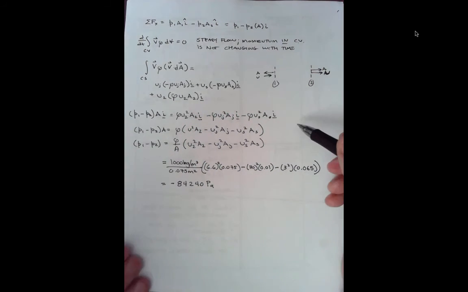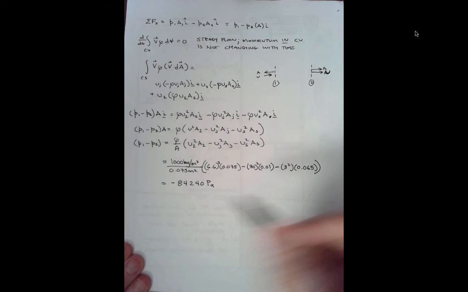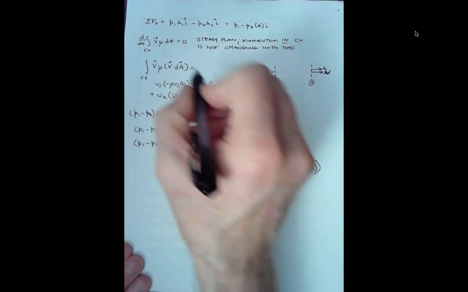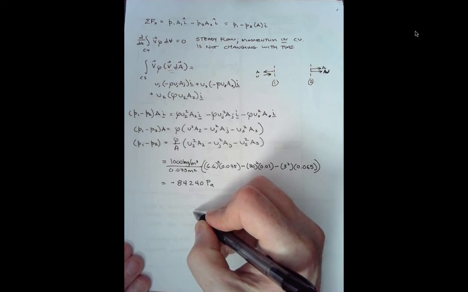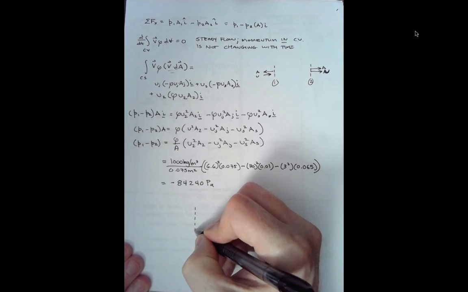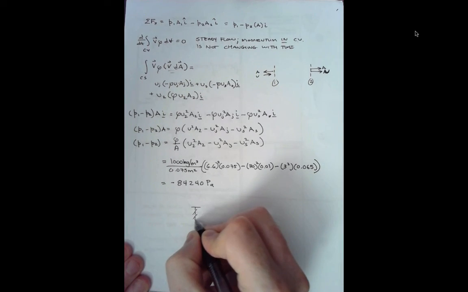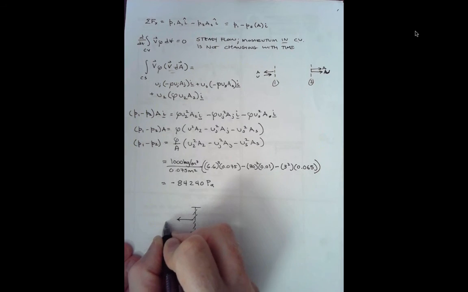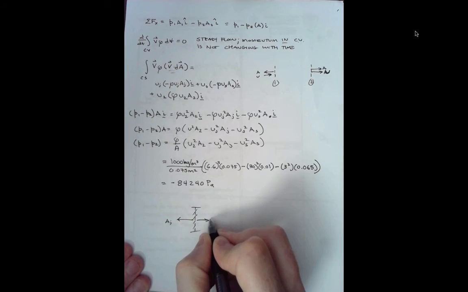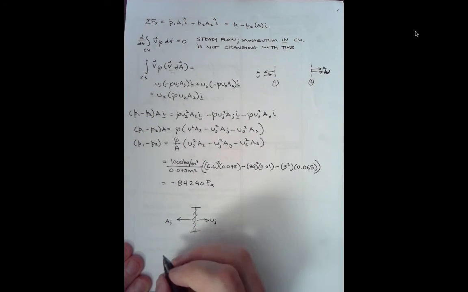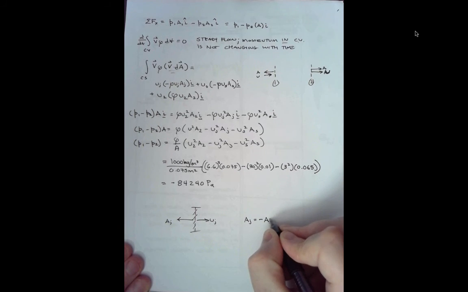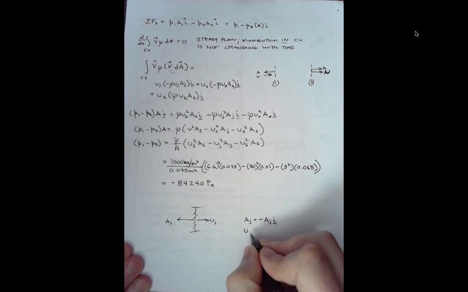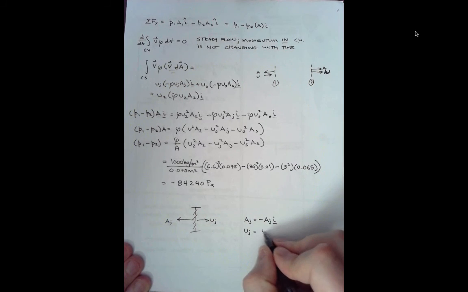The main value of this example is when we look at the V dot A concept. So let's just look at just the jet. We had area of the jet, velocity of the jet. Written as a vector, area of the jet is equal to minus A sub jet i. Velocity of the jet is equal to U sub jet i.